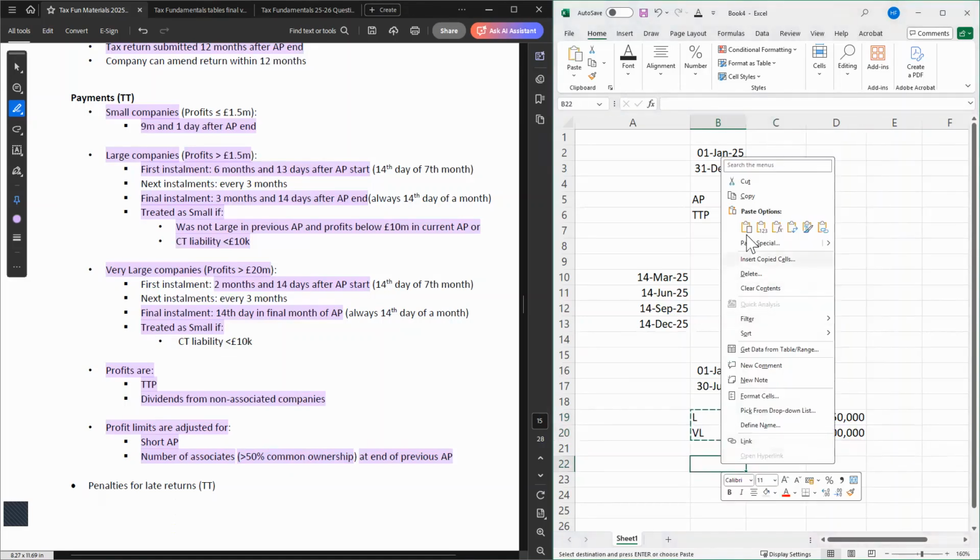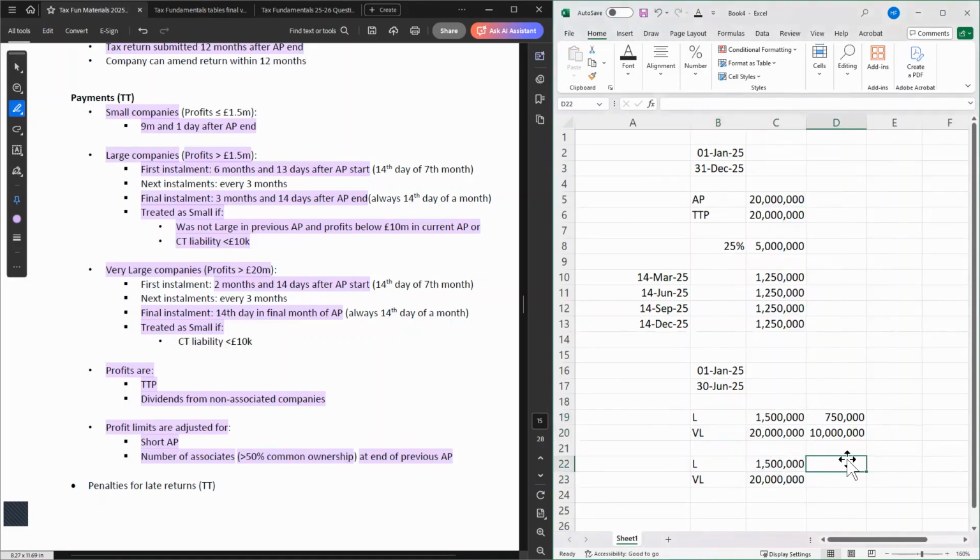So again, we'd start with the limits that we saw here, and then we'd take each of the limits and divide by 5 for the number of associated companies in the group. So in this case, if one of the companies had augmented profits of above £300,000, they would need to pay by instalment payments for large companies, and above 4 million, they would be within the very large instalment payment regime. As with all taxes, there are penalties for late returns, which can be found in tax tables.